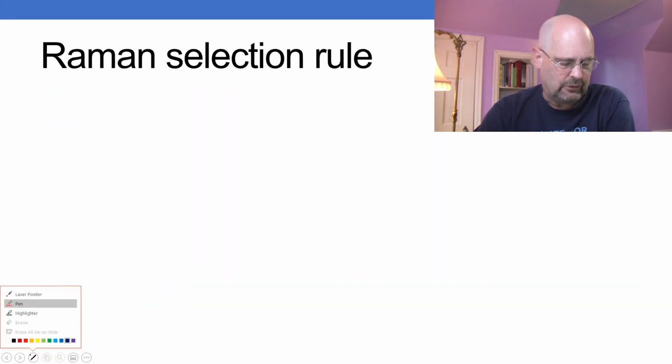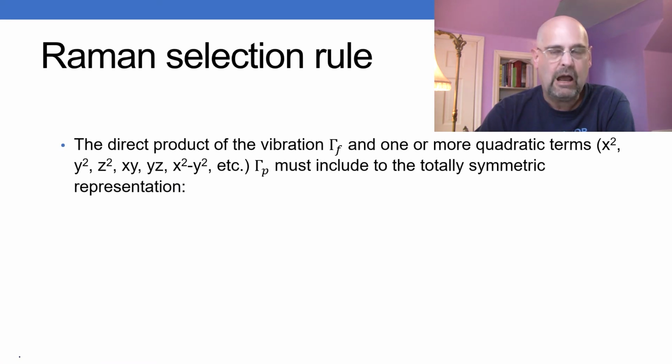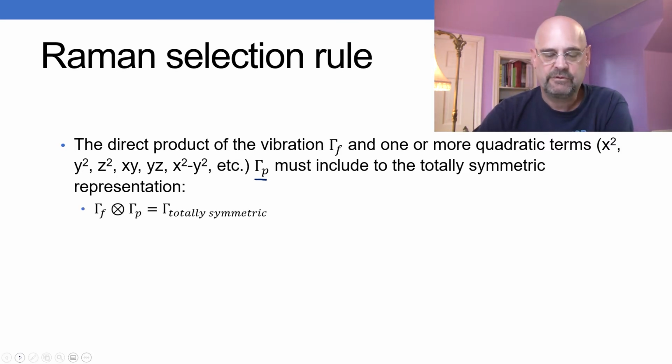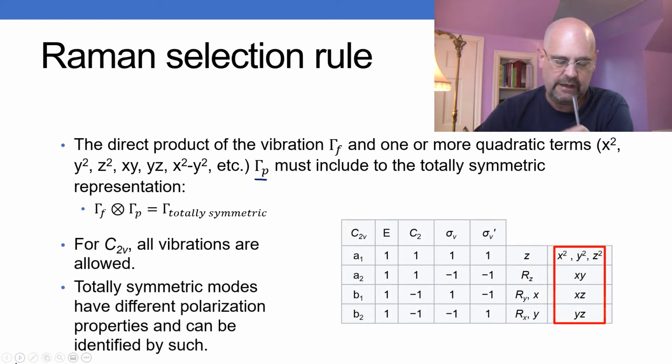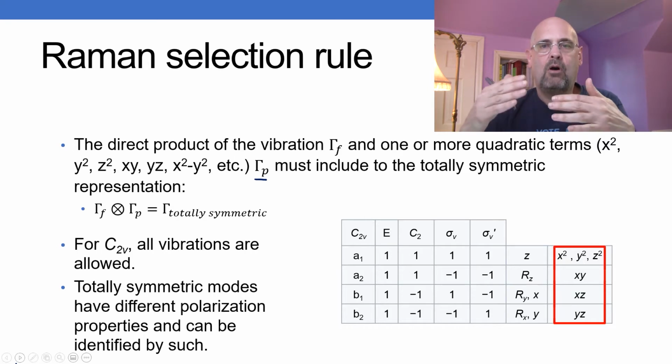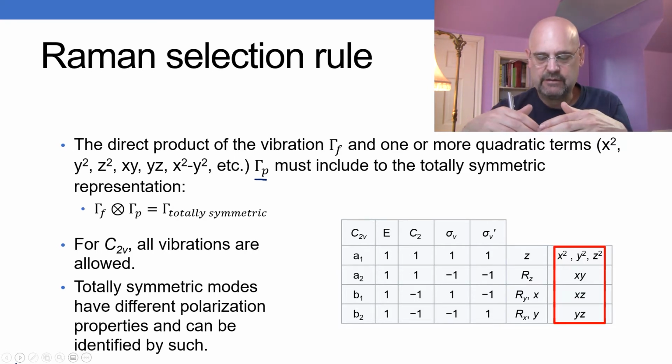For the selection rules for Raman spectroscopy, the direct product of the vibration and one or more quadratic terms must include the totally symmetric representation. So it's not the dipole moment operator, but quadratic terms. In C2v, I go back to my character table, and the next column that I see lists those quadratic terms, which say that all of these modes of motion are Raman allowed.